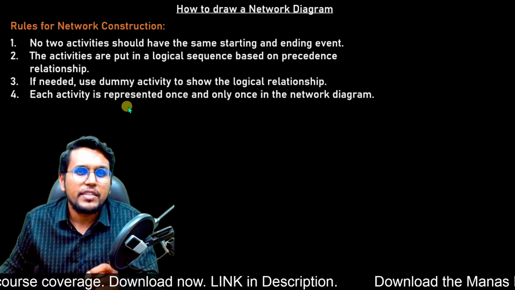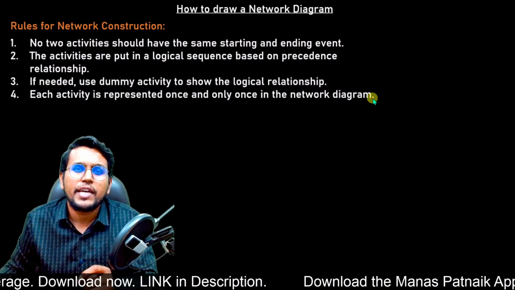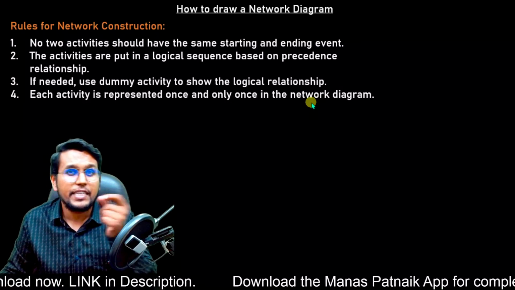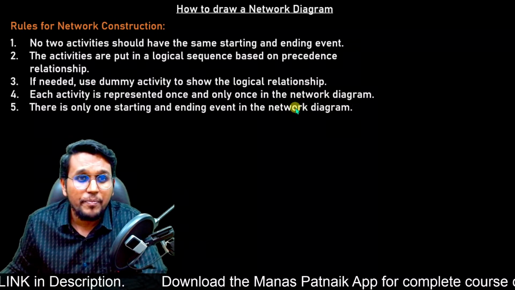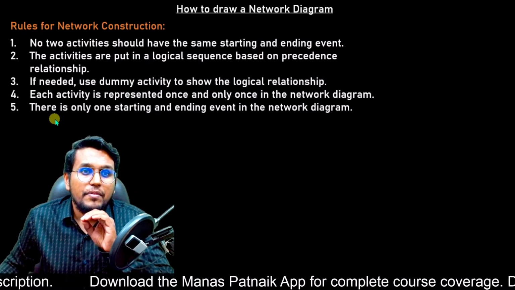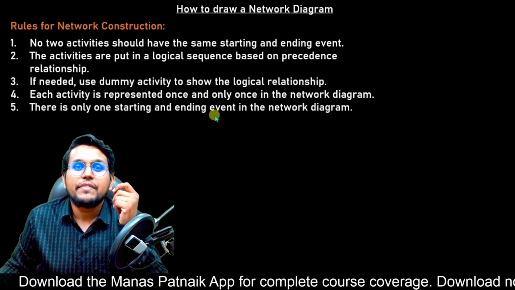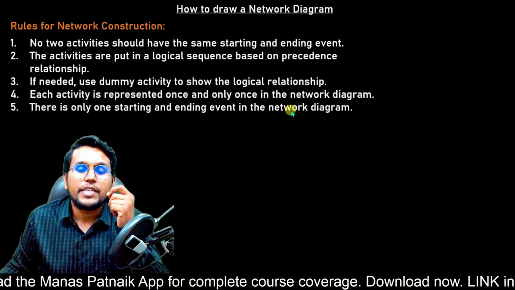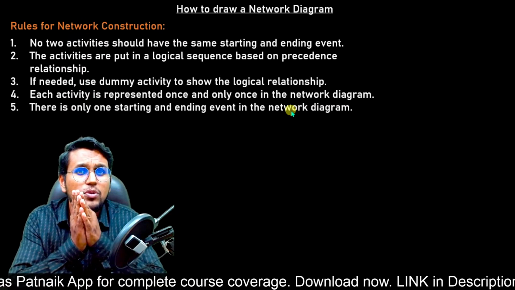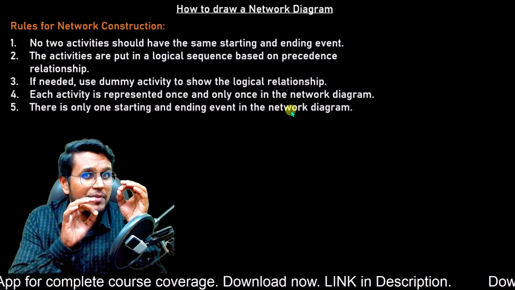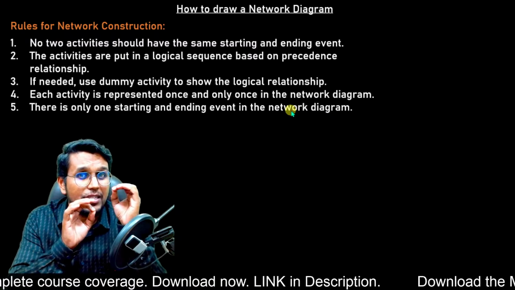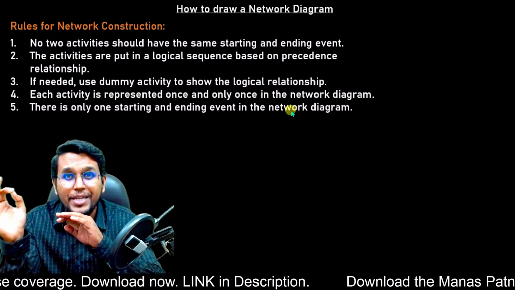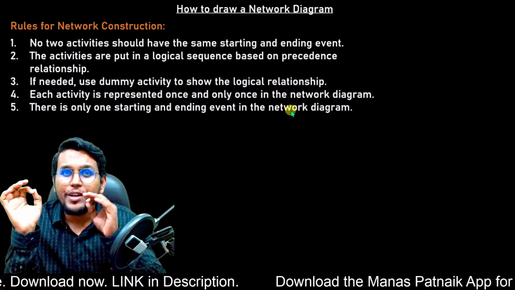Each activity is represented once and only once in a network diagram. So we cannot represent any activity twice. That's a very simple rule. And there is only one starting and ending event in the network. So there can be only one starting event or starting node, and there can be only one ending event or end node.